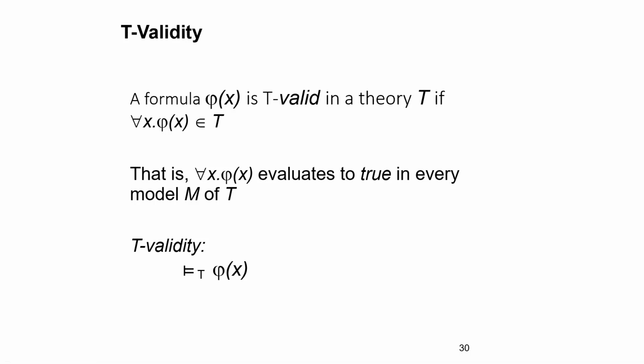No matter what assignment our model gives to the free variables, it would evaluate to true. And that would be T-validity, and we could write it without this model because it's basically for any model conforming to the theory. Okay.